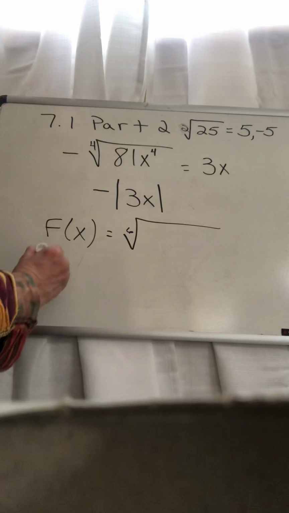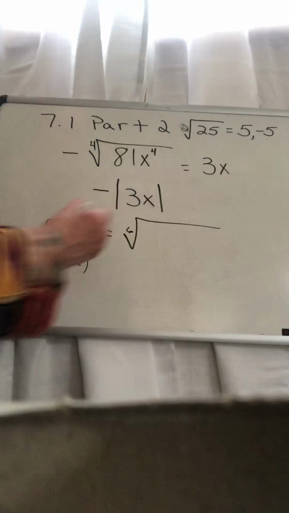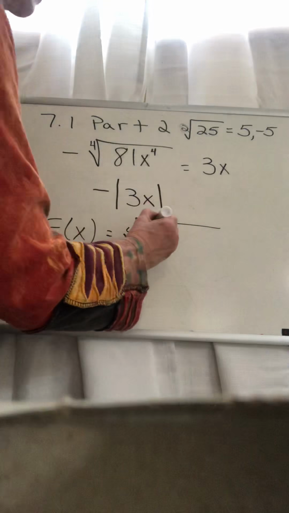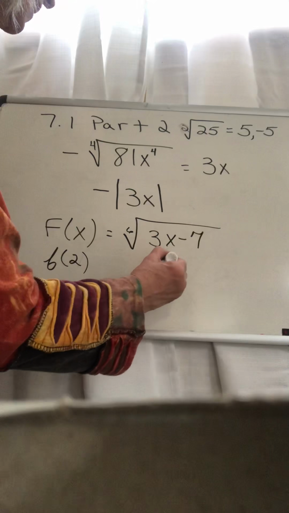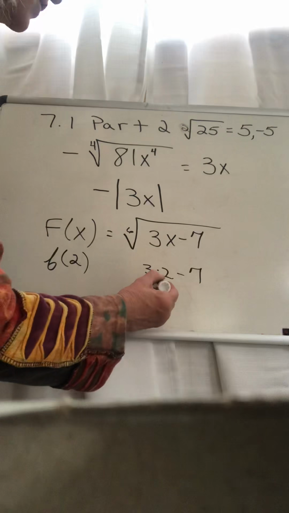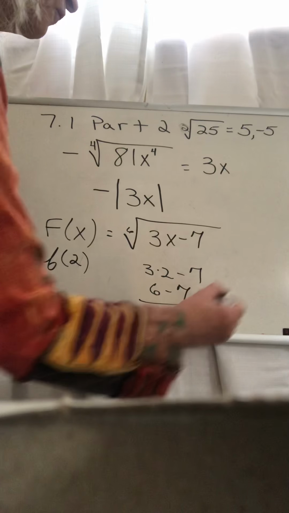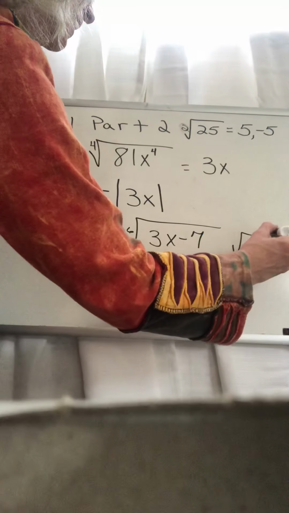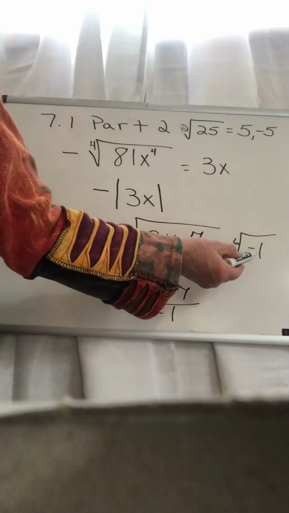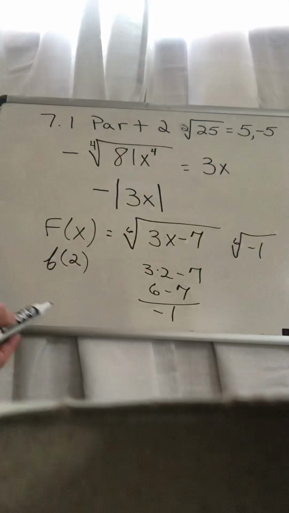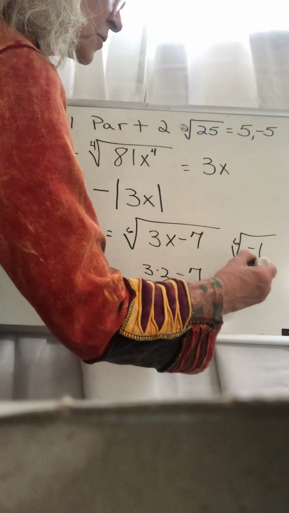So let's say f is 2, and I really don't remember what it initially was. So we have a 6, and then we have 3x minus 7. So 3 times 2 minus 7. So we have 6 minus 7, which would equal a negative 1. So then we'd have a negative 1. 6 is an even number. A negative 1 inside the radical sign can't happen with an even number. So this would be no solution again.